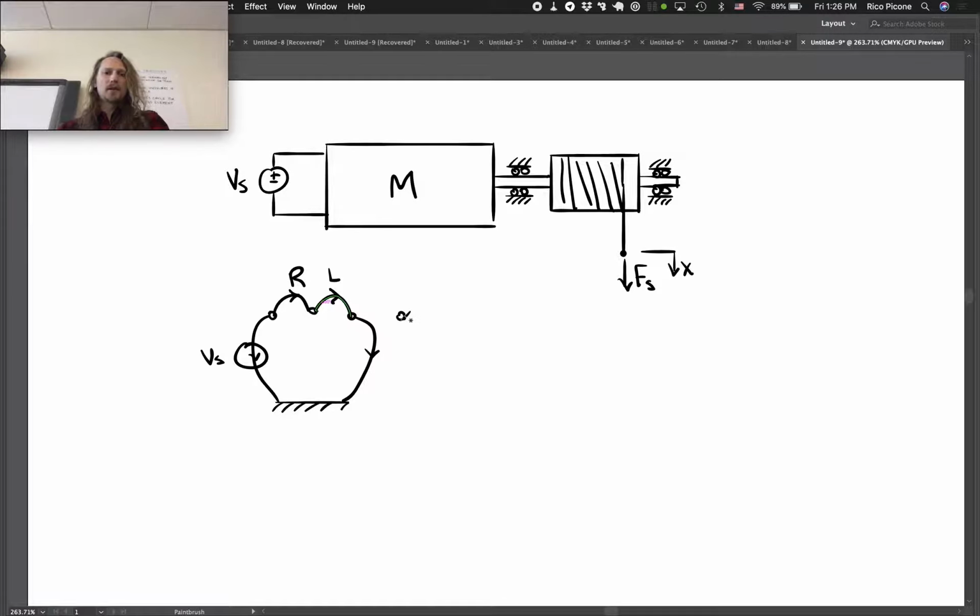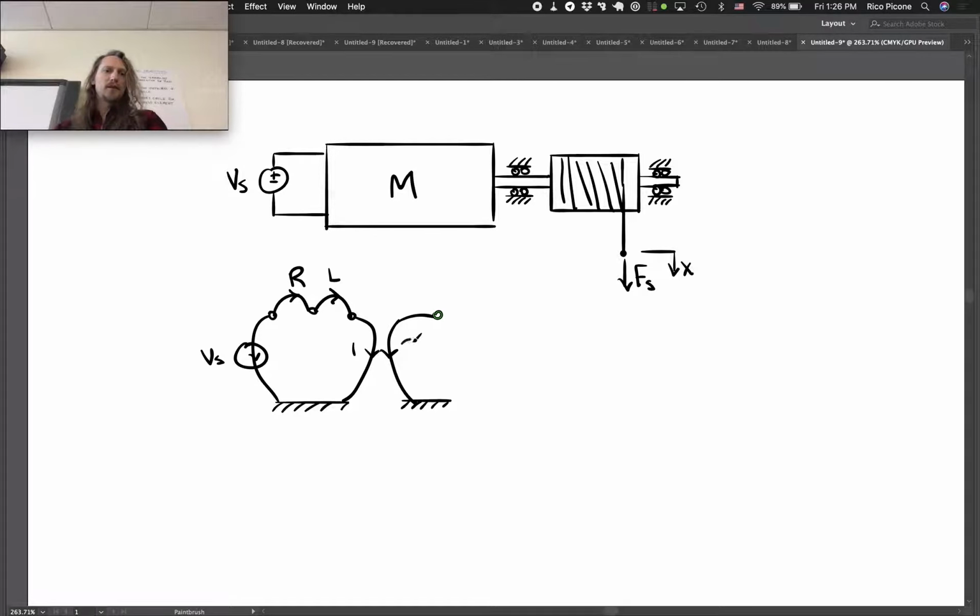So here's our transformer that models our motor. We'll call the electrical side side 1. I'm going to move this over a little bit. Just going to have a few things coming down from that.